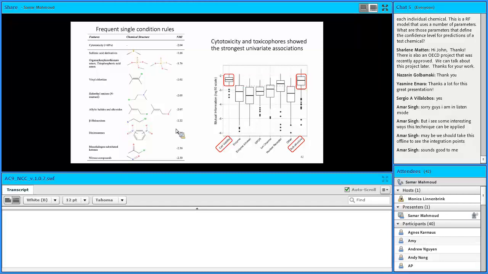We've seen that cell viability or cytotoxicity, as well as substructural features, have the strongest univariate associations in terms of mutual information in comparison to the other classes of features used, and that explains why those were dominating single condition rules.